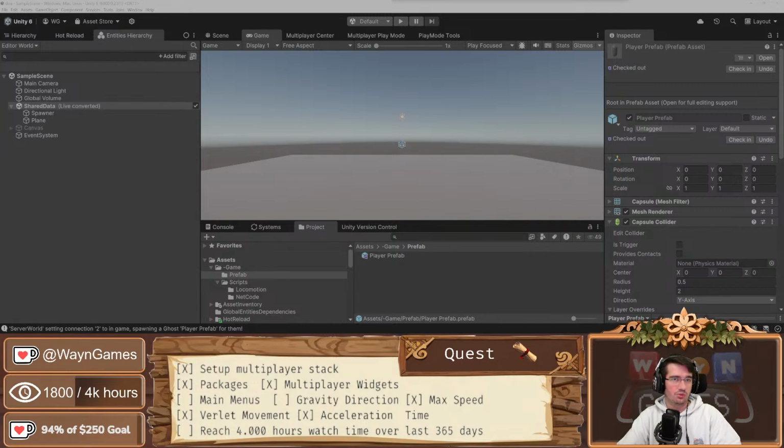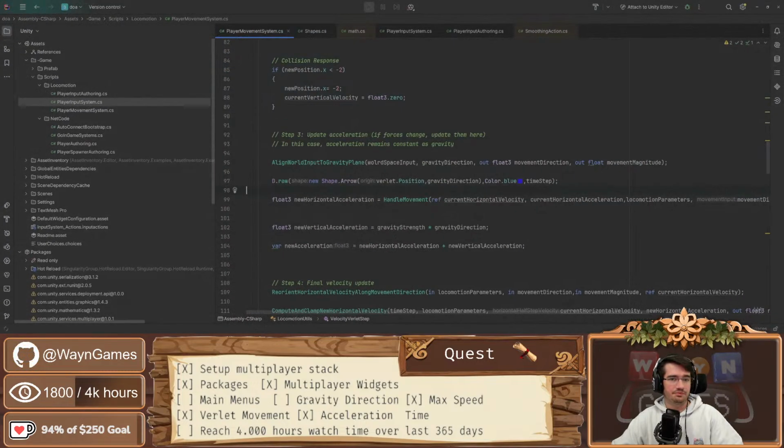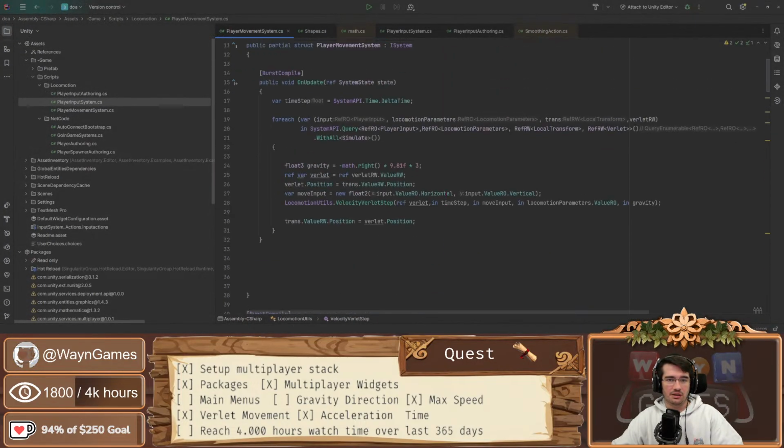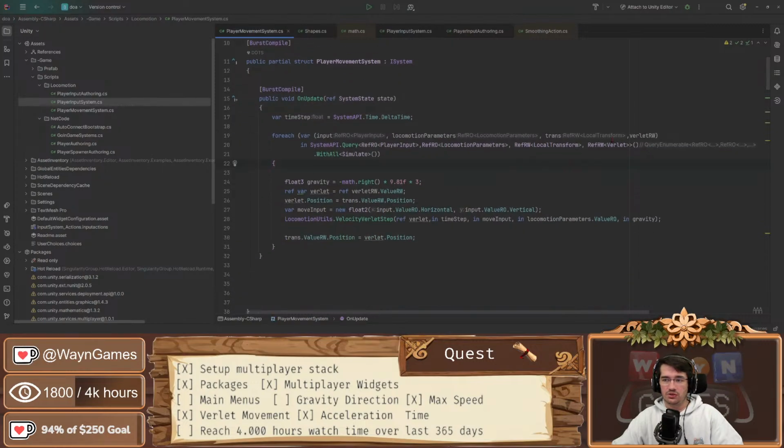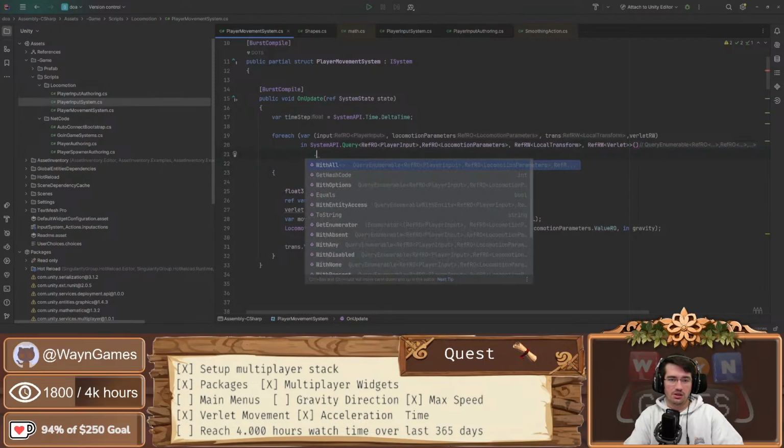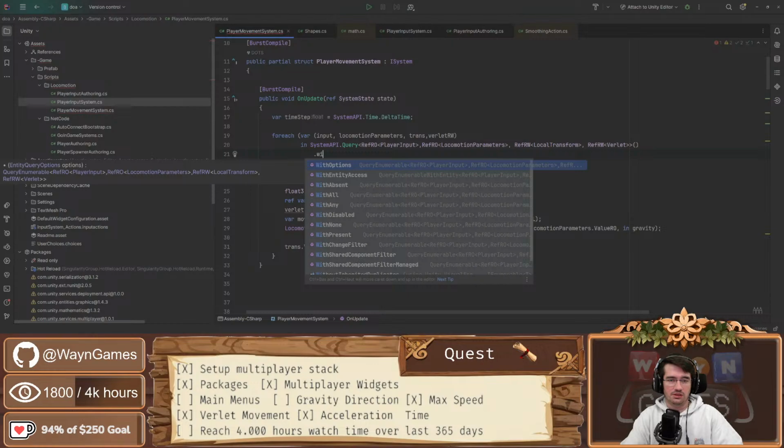So no physics simulation required, like I'm doing here. I should be only simulating for predicted entities.